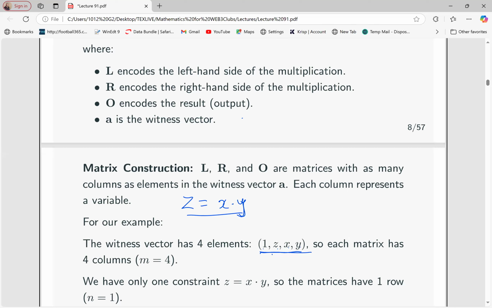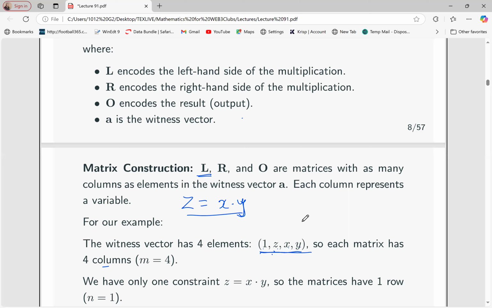It has 4 columns because our witness has 4 elements. Remember our point is to construct this matrix, so this matrix is supposed to have 4 columns.